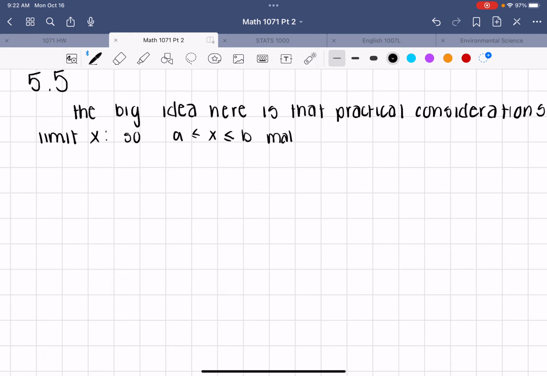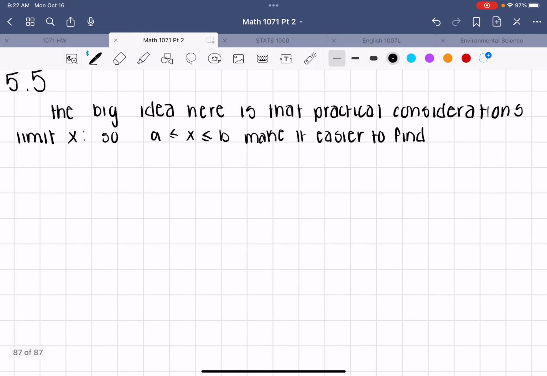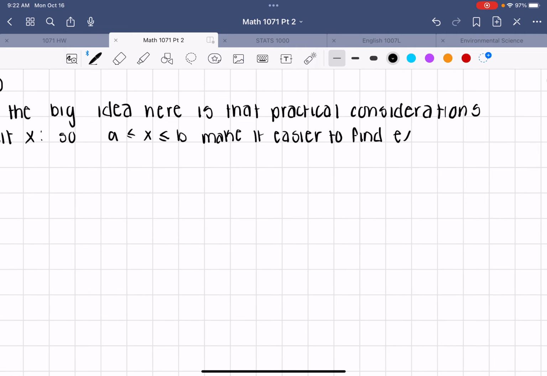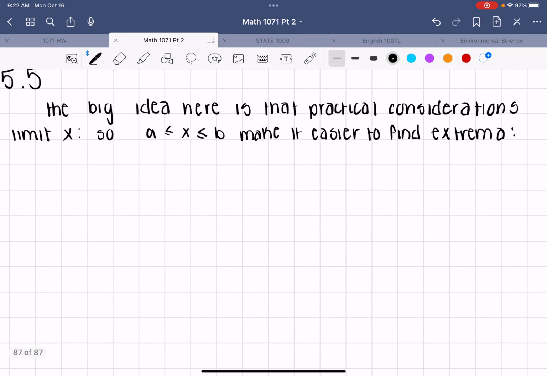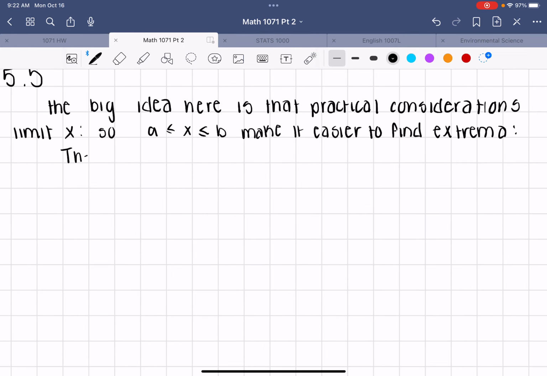The candidates for extrema are, well, two varieties. They could be the endpoints, A and or B, or they could be any critical points in the interval A to B.